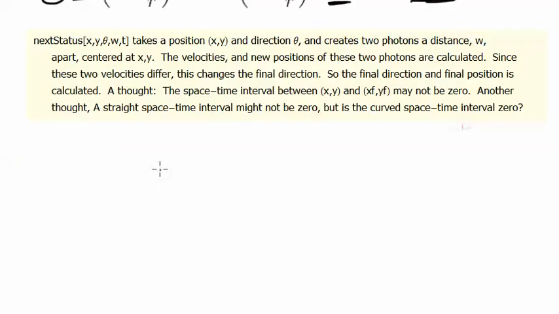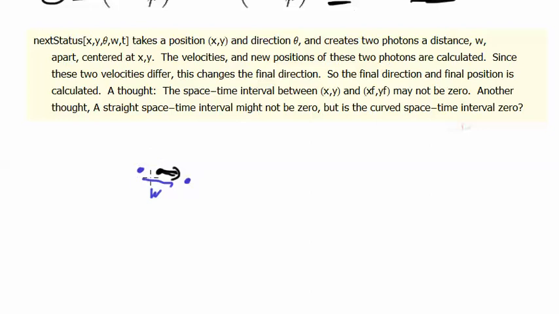So you basically just give it a position and a direction, and then it gives you two photons, distance w apart, centered at x, y. Then the velocities and positions of these 2 photons are calculated.